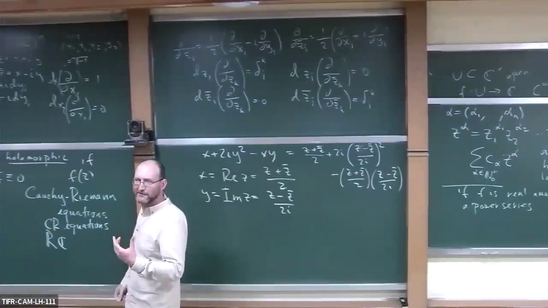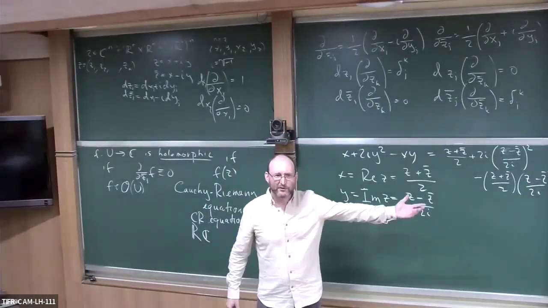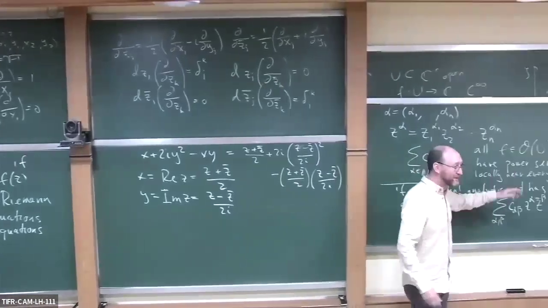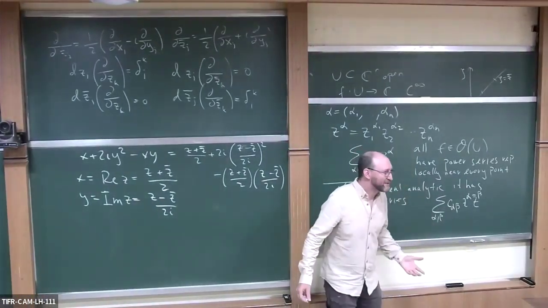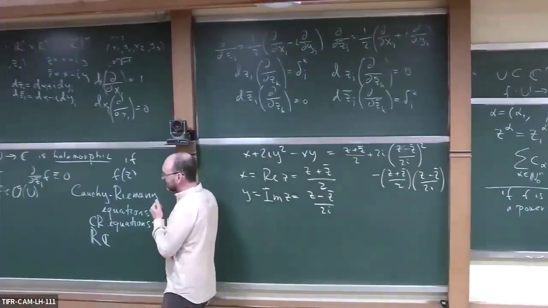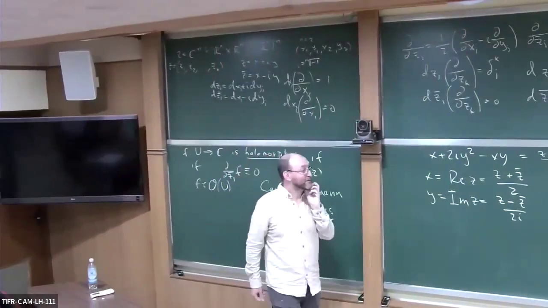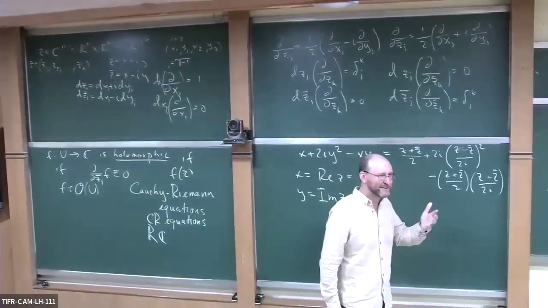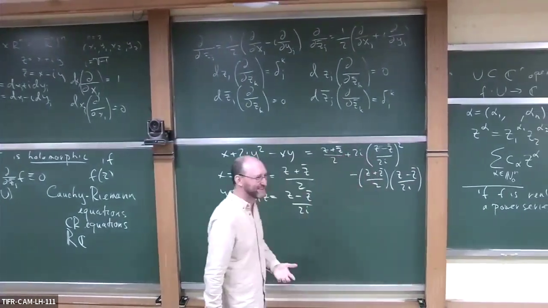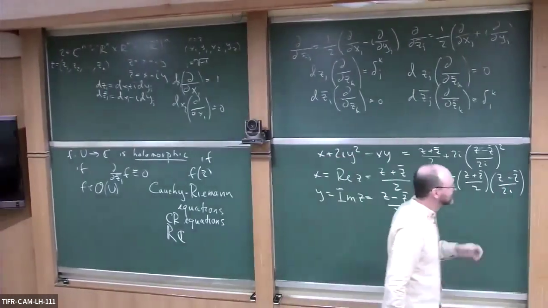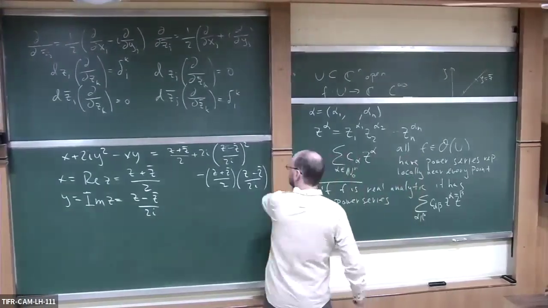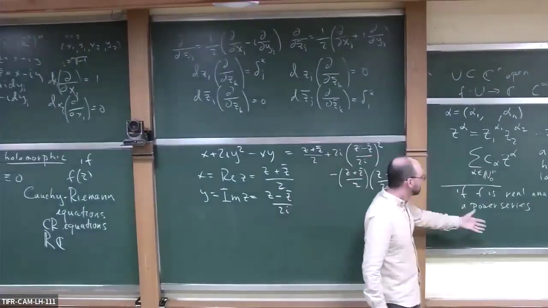My advisor would be angry with me for not writing beta bar. A lot of people write beta bar. It doesn't mean that you're barring beta; it's just that you're keeping track of a multi-index for the bar variables. So if you see that in a paper somewhere, it doesn't actually mean that you're barring anything. They're integers, so barring them doesn't do anything. All right, so you write it like that. Of course, for example, this thing is also real algebraic.